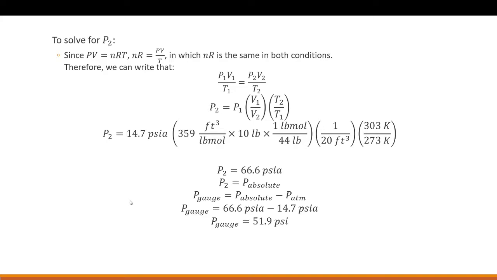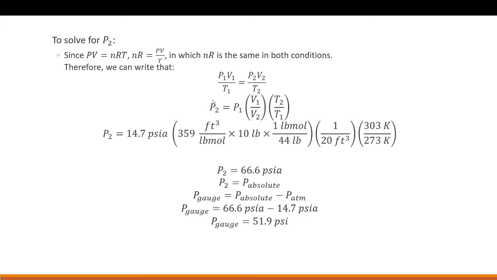To solve for P2, since PV equals nRT and both are the same amount of gas, nR should equal PV over T, in which n multiplied by R is the same in both conditions. Both hold the ideal gas law and both have the same number of moles of CO2. So we can equate the equation so that it looks like this: P1 V1 over T1 equals P2 V2 over T2.